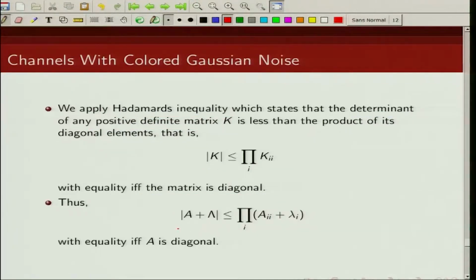So then determinant of this matrix A plus lambda is going to be less than or equal to product of the diagonal elements of this matrix, and this will happen with equality only if this matrix A is also a diagonal matrix.